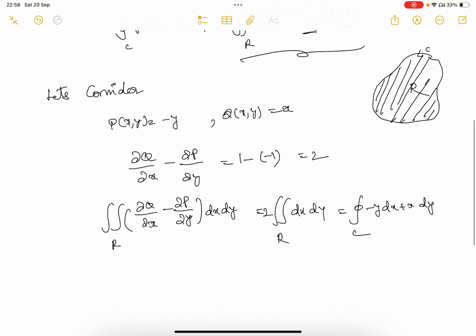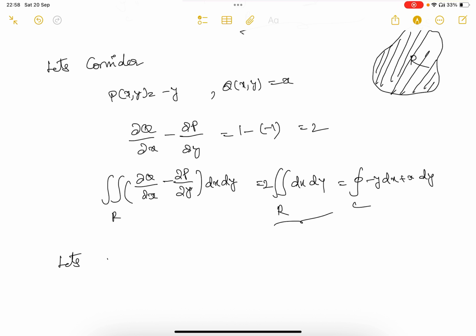Fine. As you can now see here, dx dy over the region R is the area, right? Now to calculate the area of the ellipse, the region R must be the ellipse.